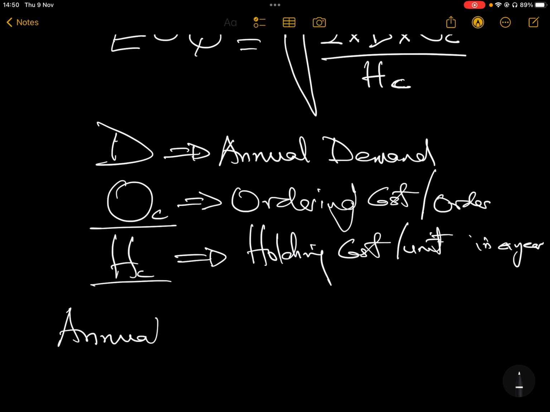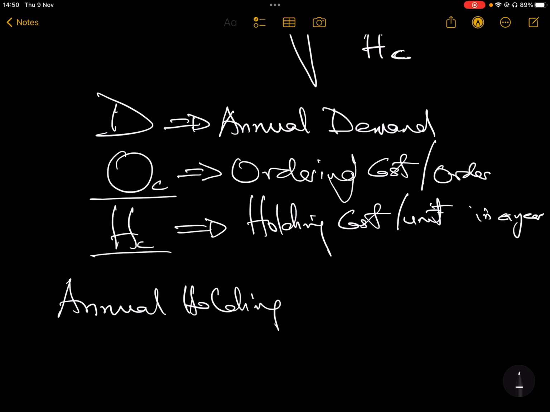Yeah, and annual holding cost, in case you can also be asked to calculate the total annual holding cost or total annual ordering cost. Your total annual holding cost is equal to the average inventory multiplied by HC.